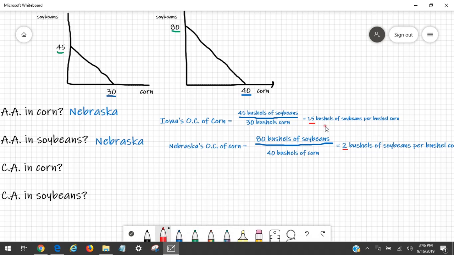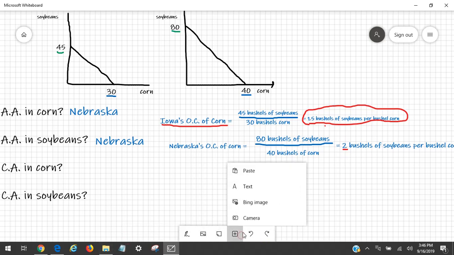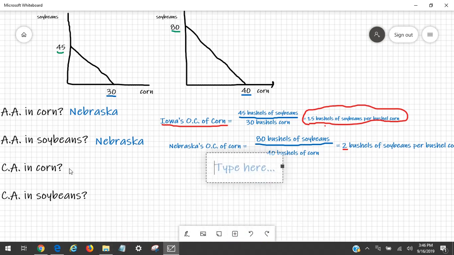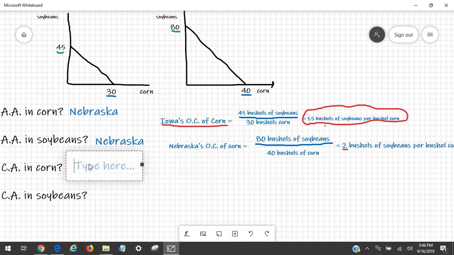So Iowa has the lower opportunity cost. Iowa would be said to have the comparative advantage in corn because their opportunity cost of 1.5 is lower than Nebraska's opportunity cost of 2. Whoever has the lower opportunity cost is who has the comparative advantage. So the answer to the question, who has the comparative advantage in corn, would be Iowa.